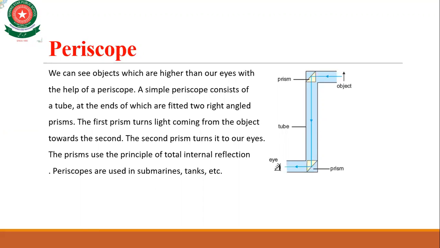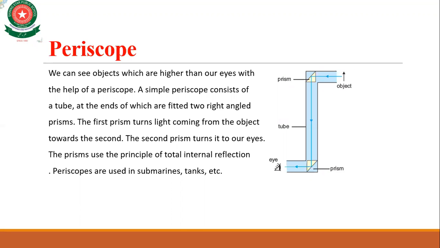Now you can see there are two right angle prisms. From the first prism, the light enters and is conveyed to the second prism. Here the second prism turns it to our eyes.